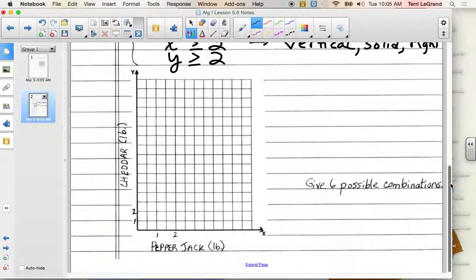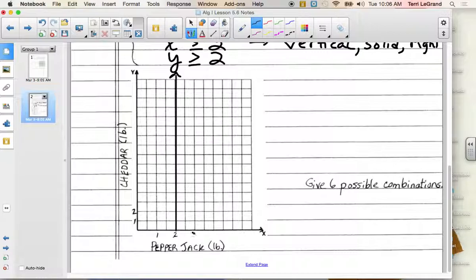You don't even necessarily need to make any points. You can just use your ruler and say, okay, I'm going to put a vertical line at 2 on the coordinate plane. Oh, by the way, you probably better do some more numbering here, right? Looks like I'm going by halves on the x-axis and by 1s on the y-axis.